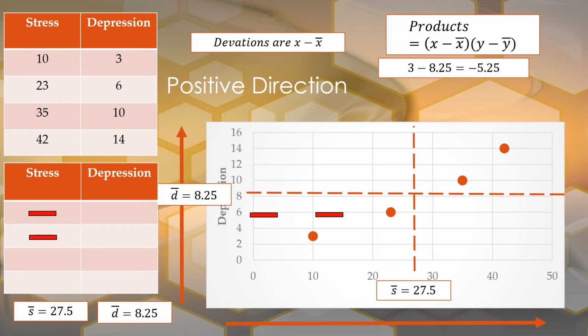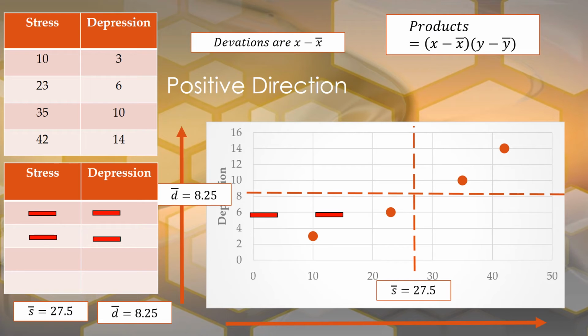So 3 is below the 8.25 line. So we get a negative depression deviation for that dot. And then for the second dot, we have a 6, and we subtract the 8.25, and you get negative 2.25. And so that dot is also below the depression average line, so we get a negative deviation for depression.